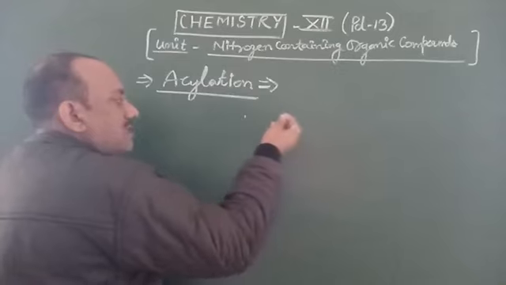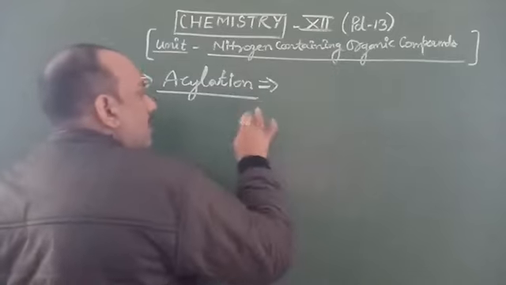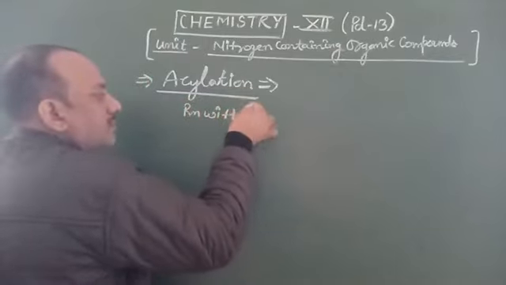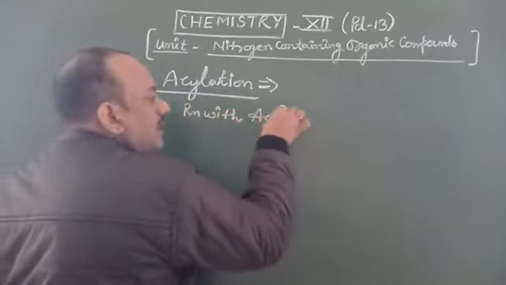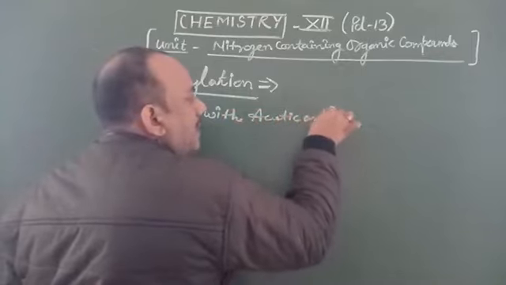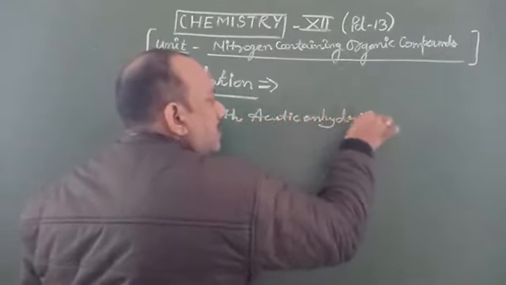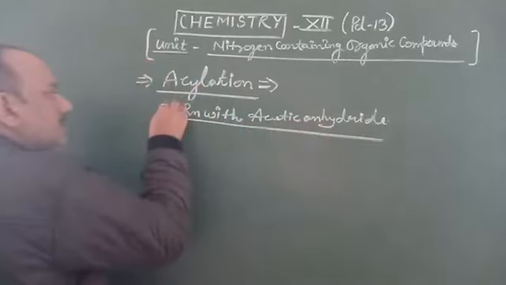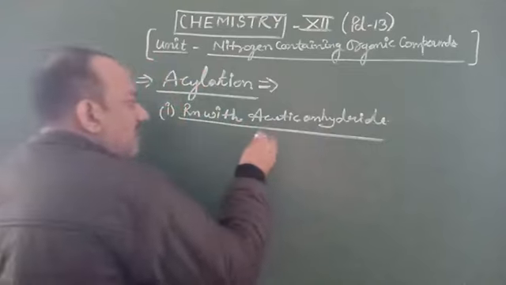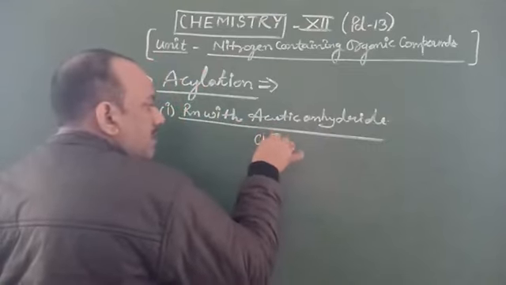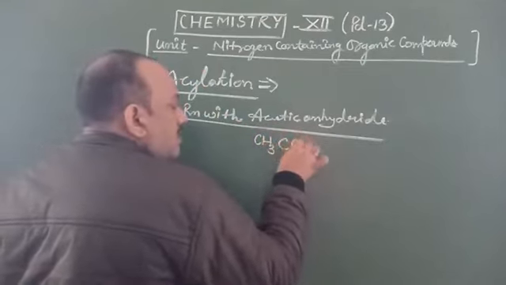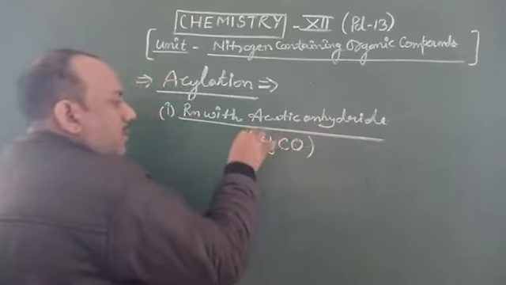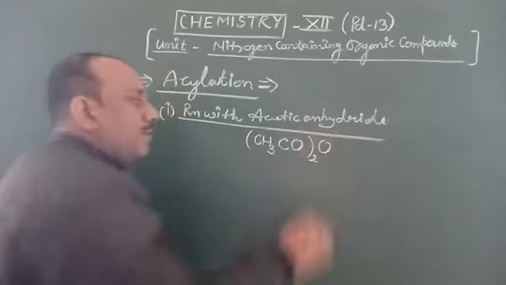The formula of acetic anhydride is (CH3CO)2O.